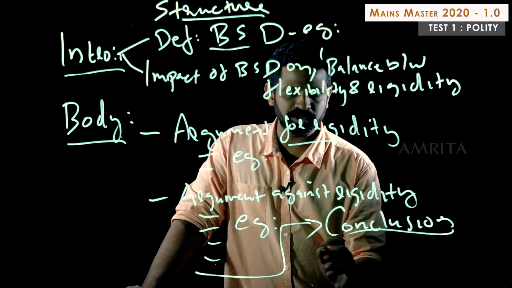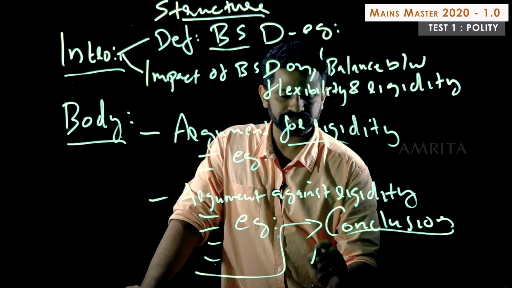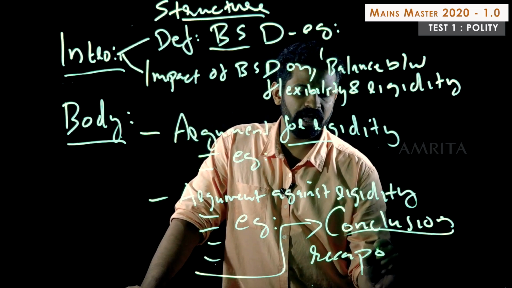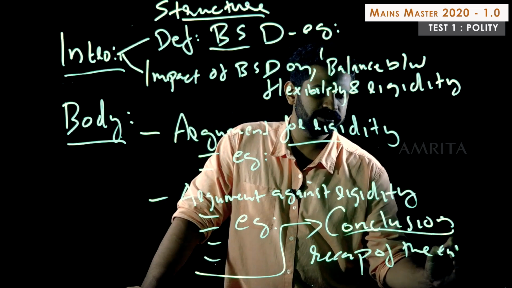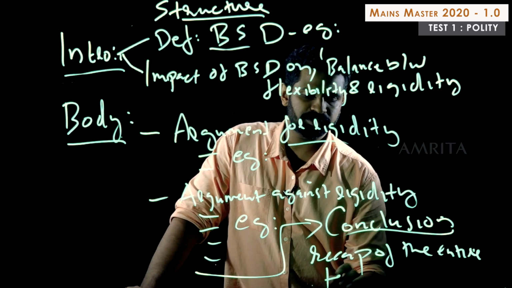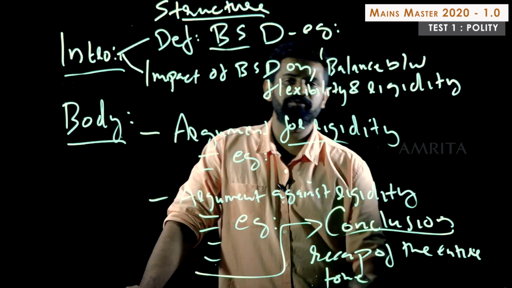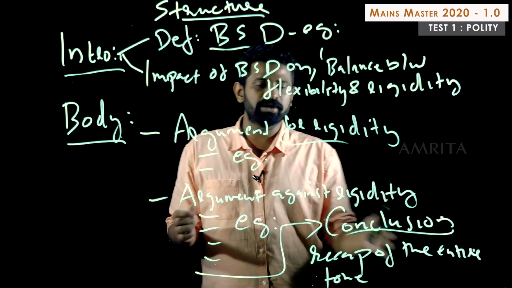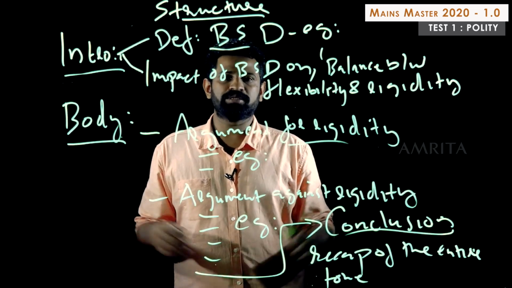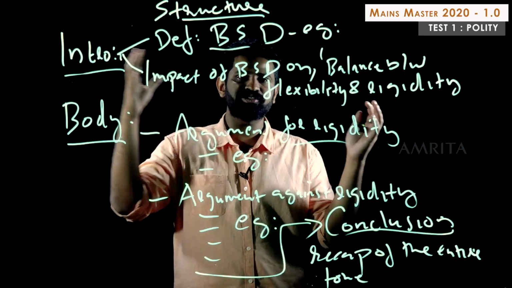Okay, so the conclusion should be again a recap of the entire feel or tone of the answer we have been giving so far. So the conclusion will also mean the same thing. So overall, the answer is being reiterated at different points.